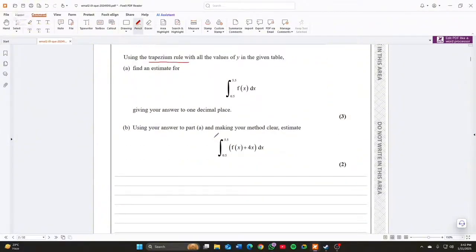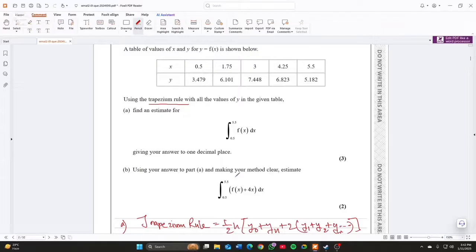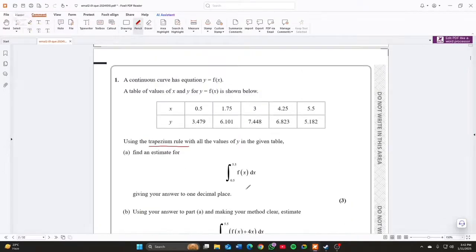Okay, so for part a, we know the equation for the trapezium rule is 1 by 2 h, bracket, y naught plus yn plus 2 times y1 plus y2 plus y3 and so on, and then the bracket closes, right? This is the equation. For this, the h value, the height, would be the difference between the x values.